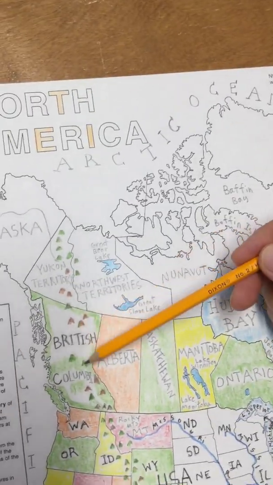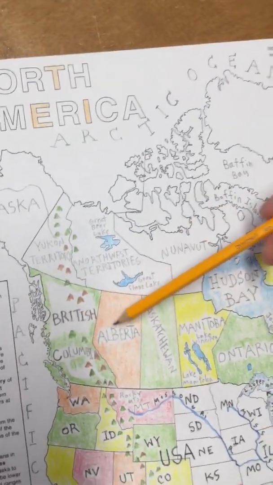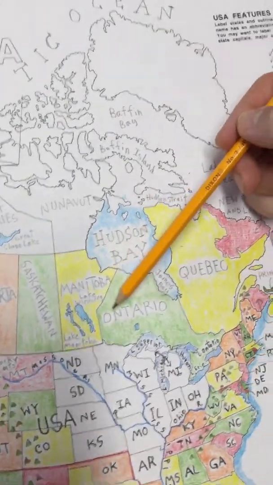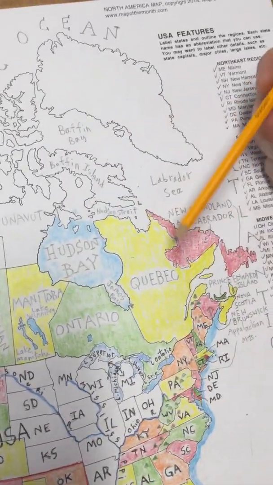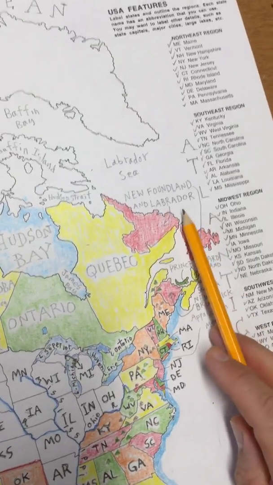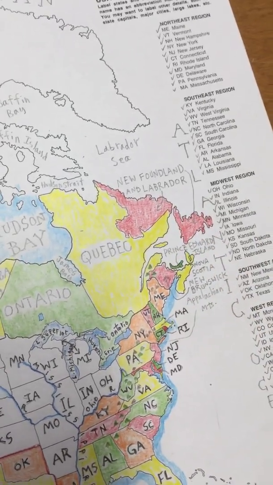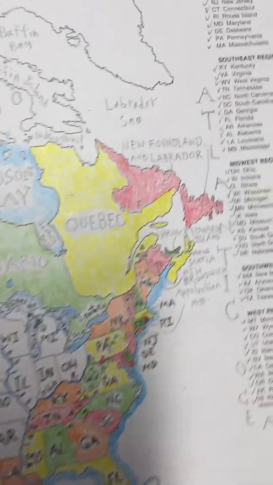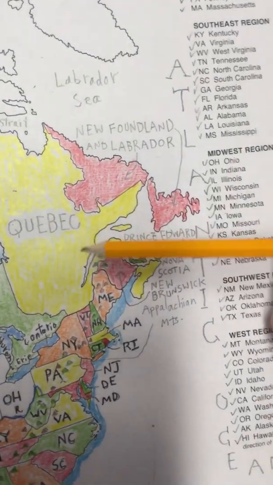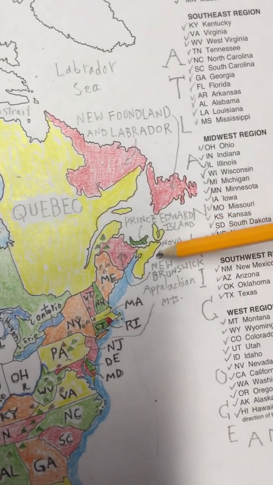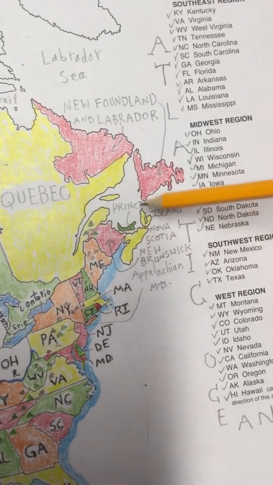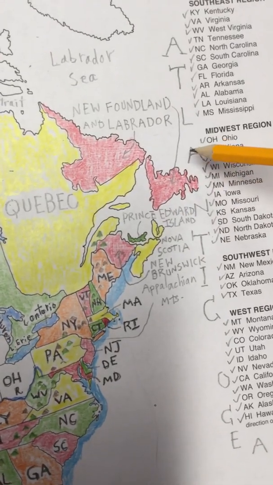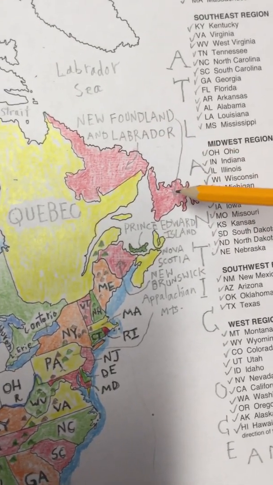But I'm almost done with British Columbia, Alberta, Saskatchewan, Manitoba, Ontario, Quebec, Newfoundland and Labrador. Well, let me set my timer before I forget. That way we'll go for 10 more minutes. But you can see I did Nova Scotia, New Brunswick, and Prince Edward Island, as well as Newfoundland and Labrador.